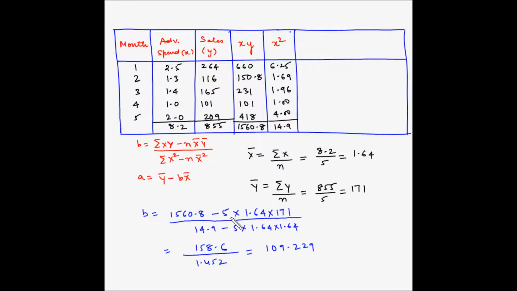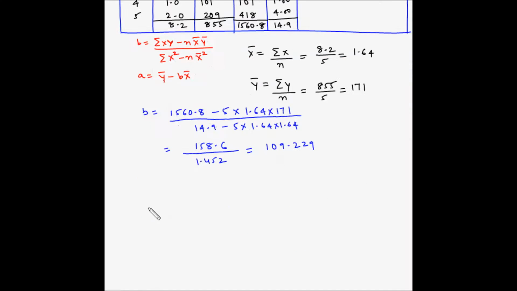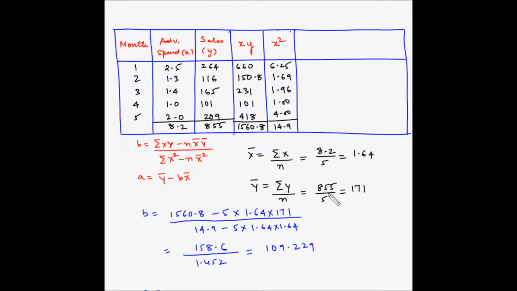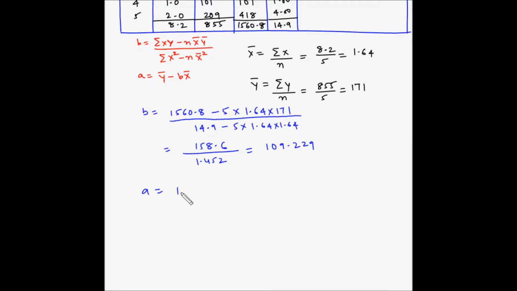Now let's substitute this value of b in this equation to find the value of a. So a is equal to y bar, which is 171, minus b, which is 109.229, multiplied by x bar, which is 1.64.